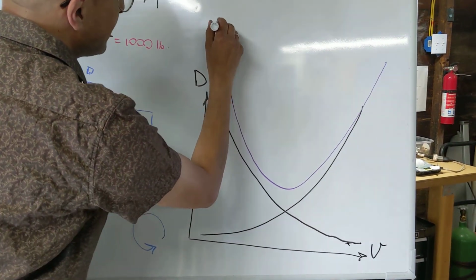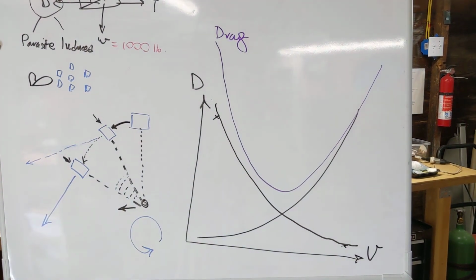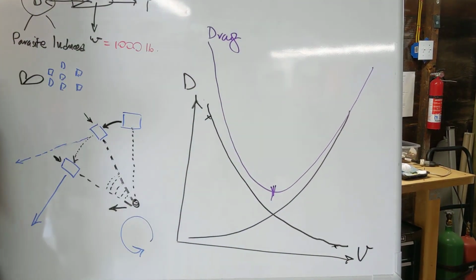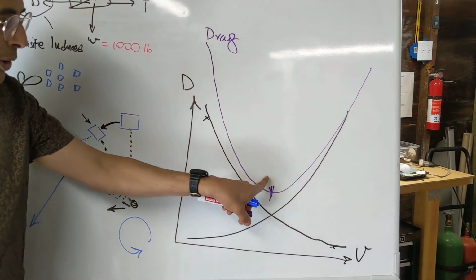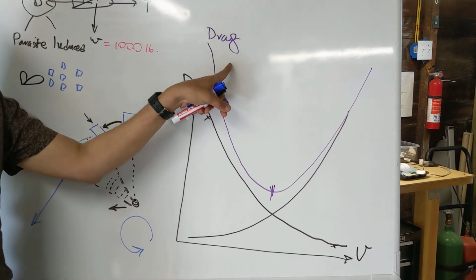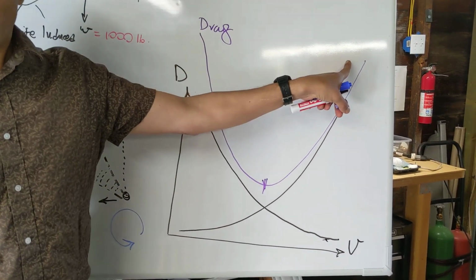This is the total drag curve. And the interesting thing about that is that there is a minimum. There is a point where if you fly slower than that, your airplane encounters more drag. And if you fly faster, your airplane encounters more drag.